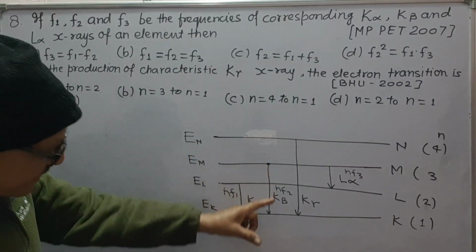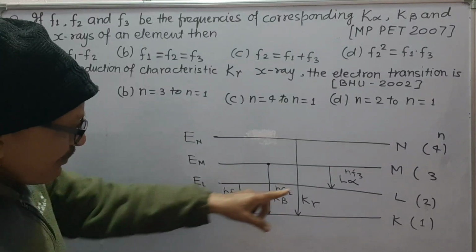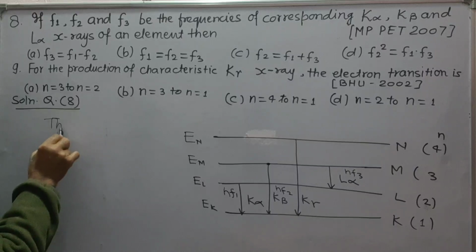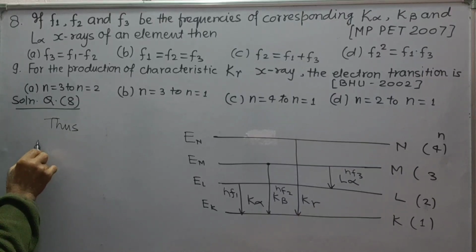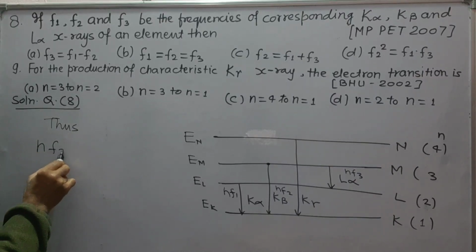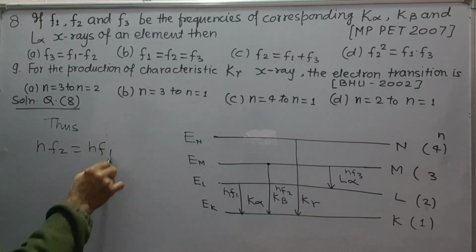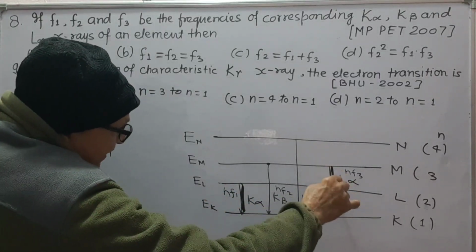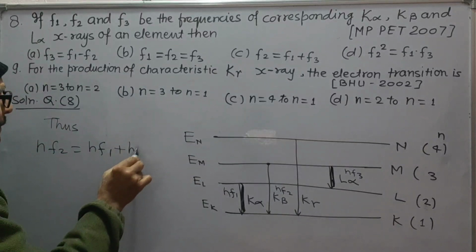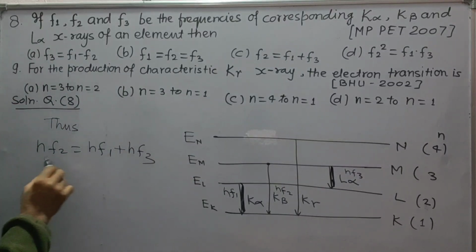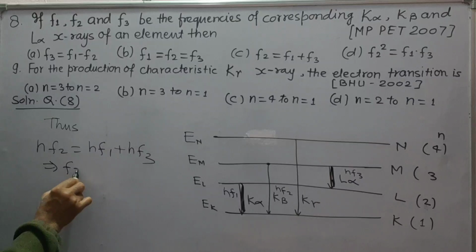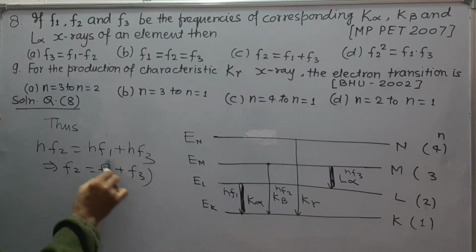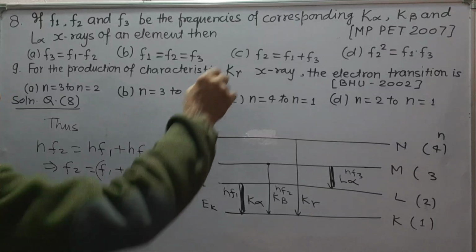Clearly hf2 is equal to hf1 plus hf3, thus h cancels out, therefore we get F2 is equal to F1 plus F3. So the correct option will be C.